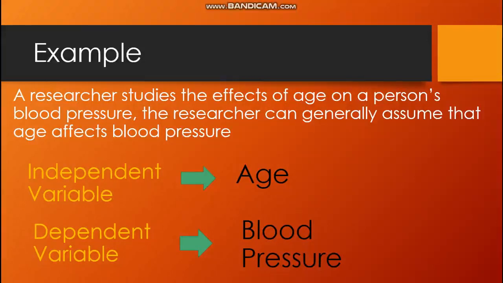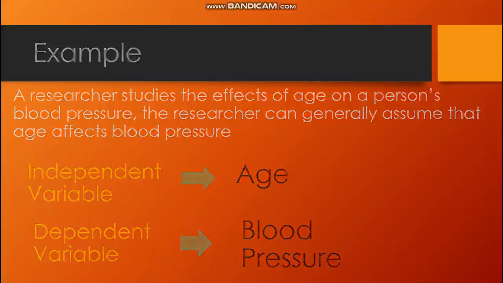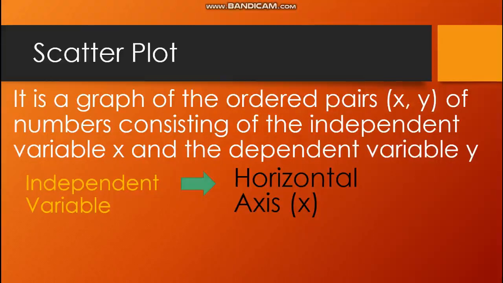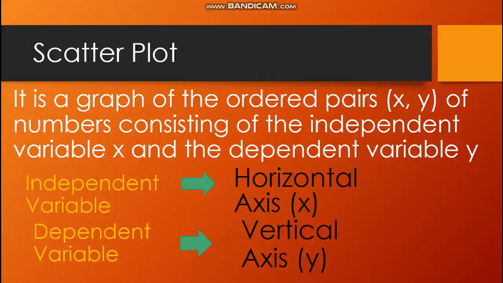Okay? Now, our objective for this day is to draw the ordered pairs in the xy plane. Ang tawag natin doon is scatter plot. Okay? That is a graph of the ordered pairs x, y of numbers consisting of the independent variable x and the dependent variable y. So, ibig sabihin, yung x natin is the independent variable, measured natin from the horizontal axis or x-axis, while yung ating dependent variable, measure natin from the vertical axis.